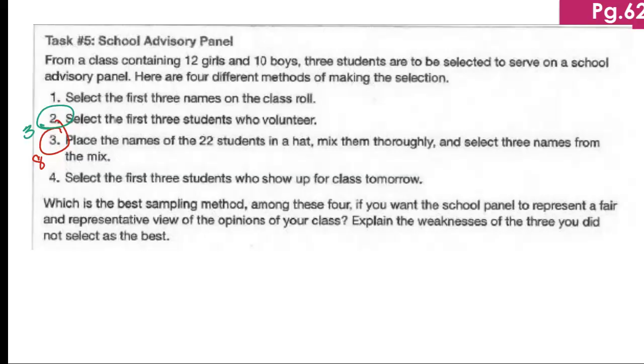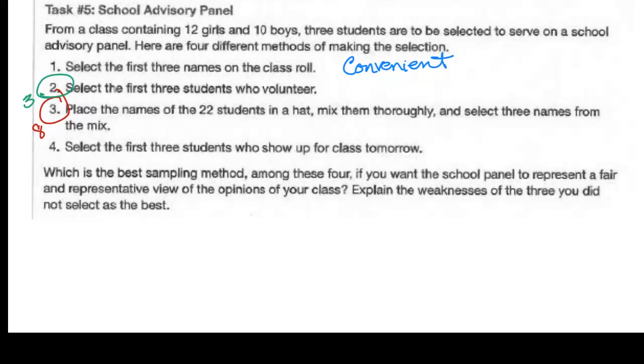But when you select the first 3 names on the class roll, what kind of sampling? Convenience. Yeah, that's very convenient. But I don't know that it's going to be very diverse or representative of your population. Okay, that's easy. It's economical. It's quick. Not representative.